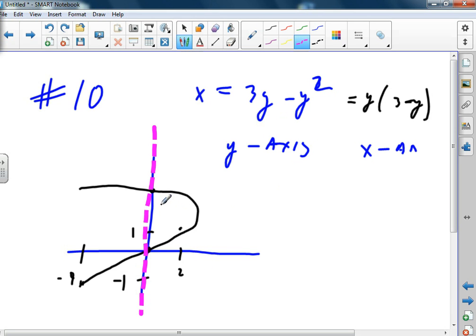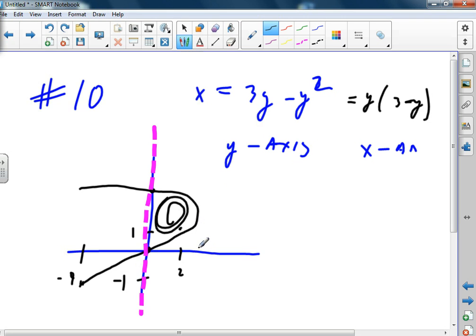So I'm going to take this part inside and rotate it around the x-axis. Okay, so I have to know where this point is out here.